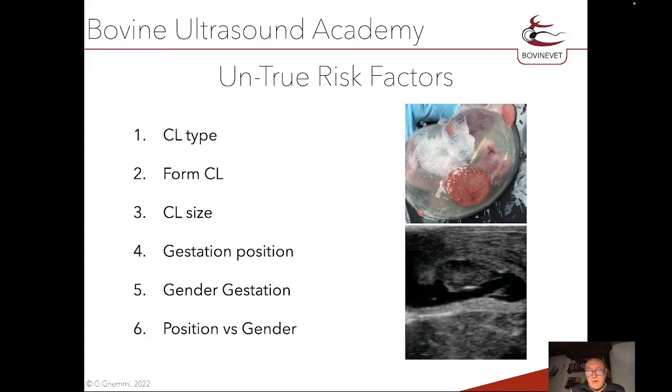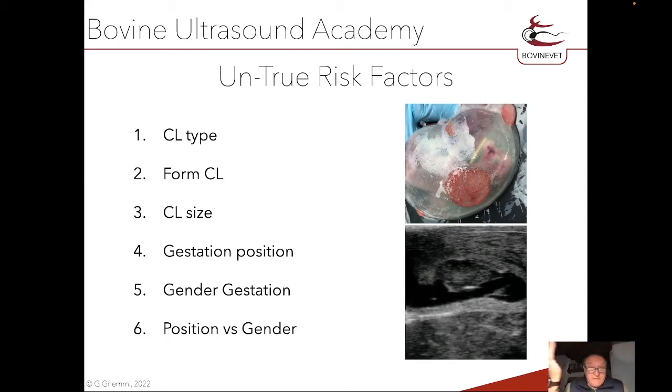The shape of the corpus luteum, and in particular the shape and the size of the cavitary corpus luteum, the size, the diameter of the corpus luteum. Many technicians today still think that the success of the gestation is related to the diameter of the corpus luteum, the position of the gestation.